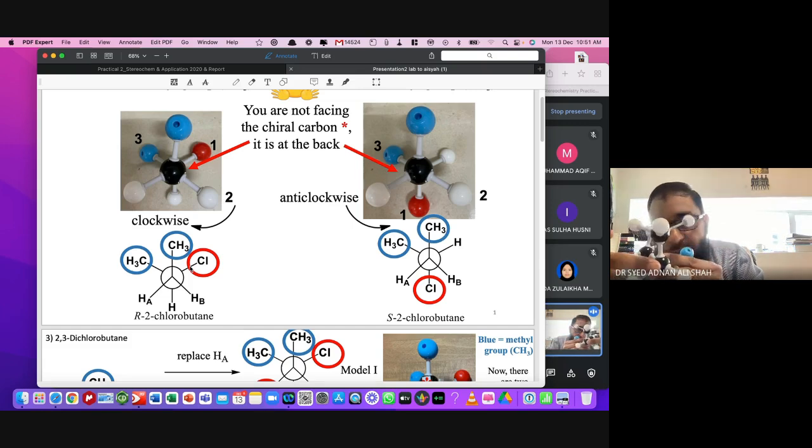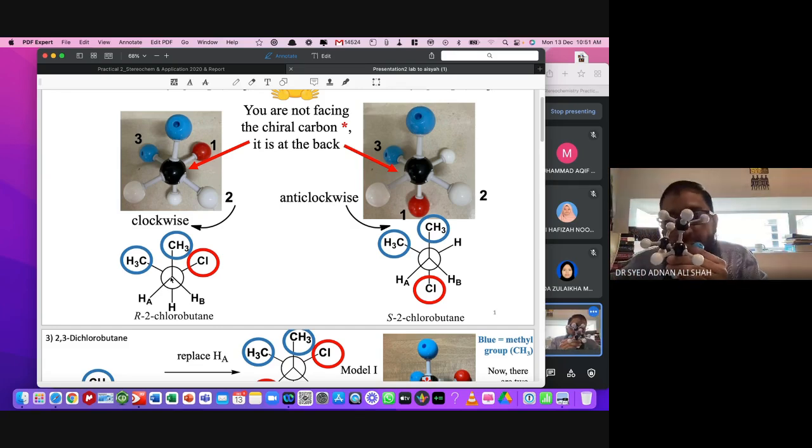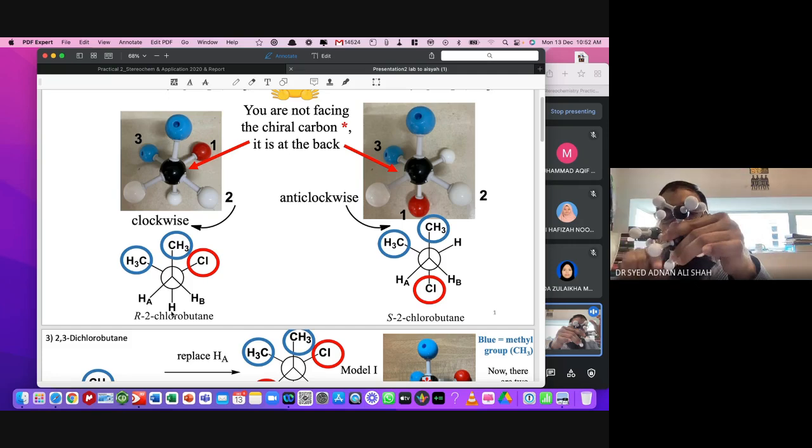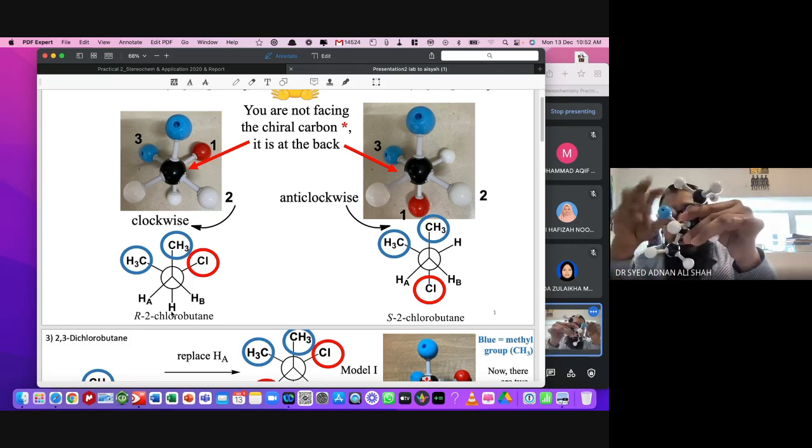This is the carbon, with two hydrogens, and this one is the methyl group. So this is already complete. This one is the dot, and at the back are the CH3, Cl, and hydrogen, like this.